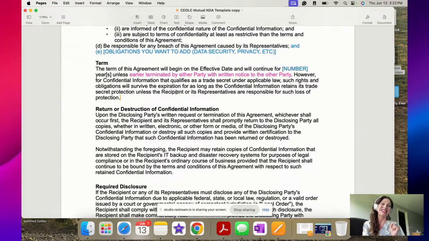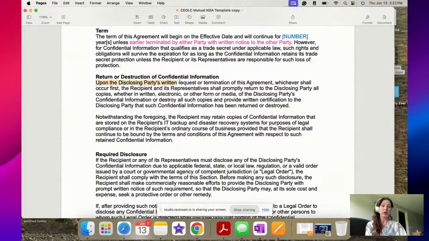And this is where this next obligation comes into play for a lot of non disclosure agreements. Upon the disclosing party's written request or termination of this agreement, right, we just terminated it, whether that be termination by mutual agreement, termination by expiration, or termination by notice of termination, the recipient and its representative shall promptly return all the information or destroy all of it and provide written certification to the other party that the information has been returned and or destroyed.